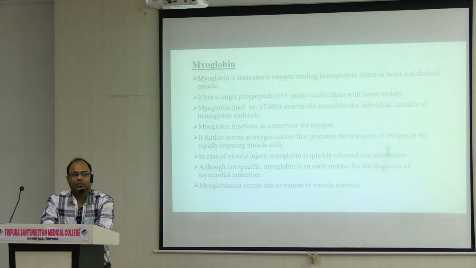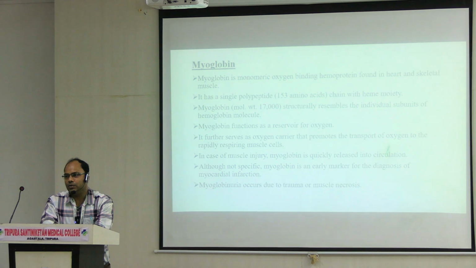Okay, but in case of muscle injury or crush injury, a massive amount of myoglobin can come into circulation, and via circulation it reaches the kidney, where it passes through urine, called myoglobinuria. Actually this is toxic material. It can damage renal tubule cells.